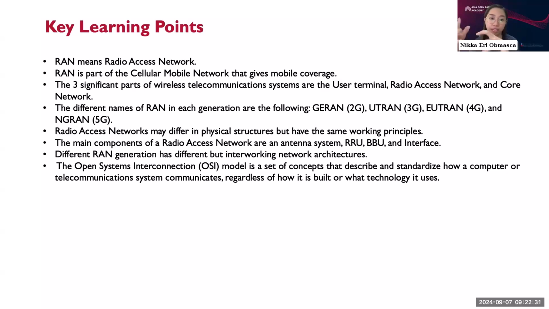Earlier we saw different structures, like the four-legged SST, three-legged SST, and so on, but their functions are the same. The main components of a RAN are an antenna system, RRU, BBU, and the interface. And different RAN generations have different network architectures.